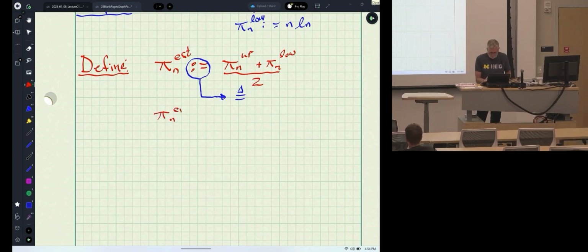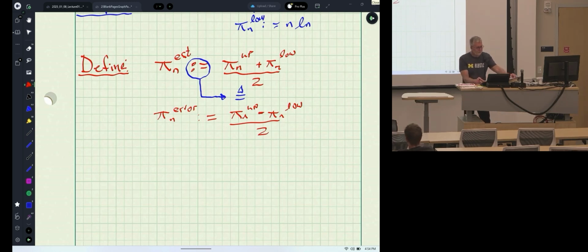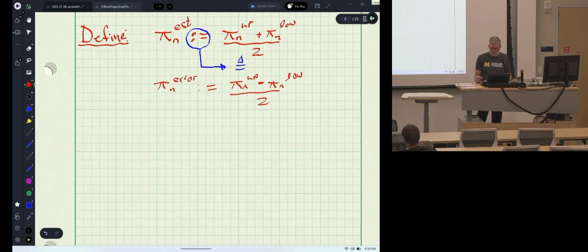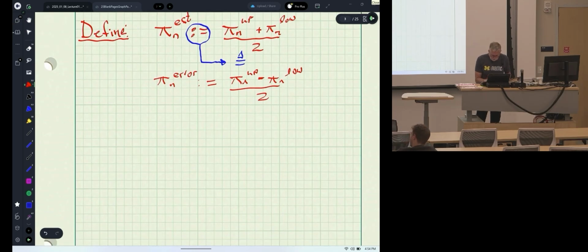And then the error approximation is pi n up minus pi n low over 2. And so what we end up with is pi equals pi n estimate plus or minus pi n error.